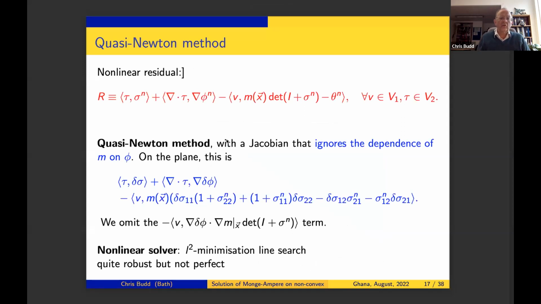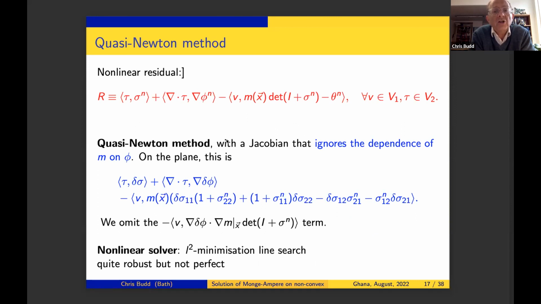And just to say how the Newton method works, this is the technique that Andrew McRae came up with. So there's our residual that we have for the mixed finite element method. And typically we use a quasi-Newton method, which suppresses some of the dependency of M on the function, and incorporates a nonlinear solver.